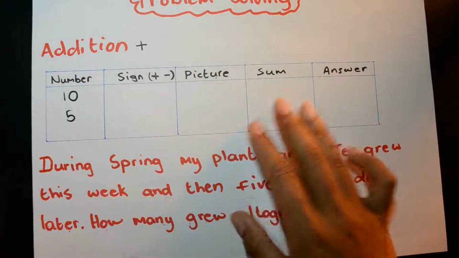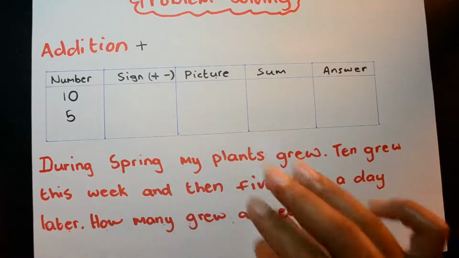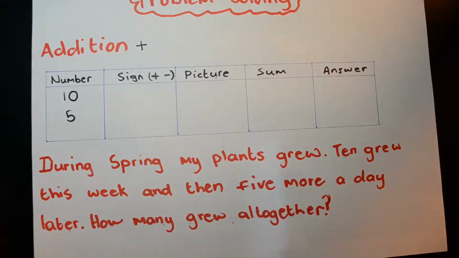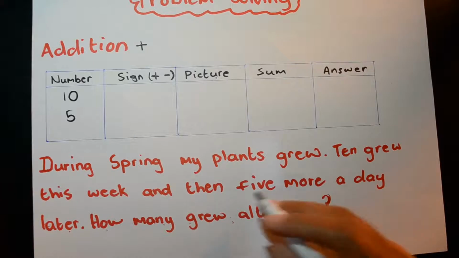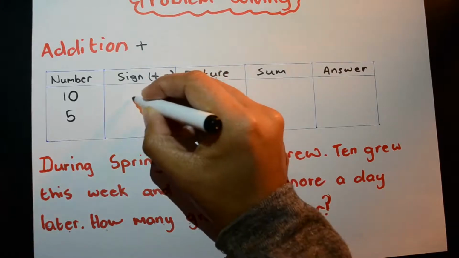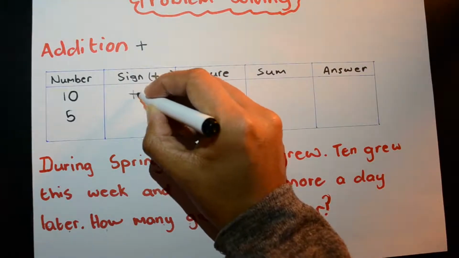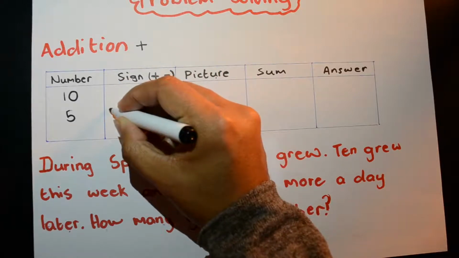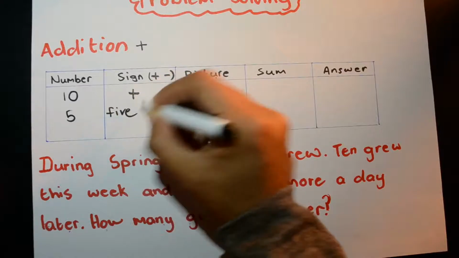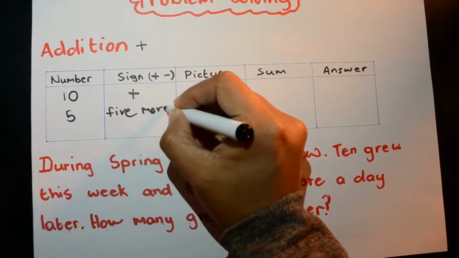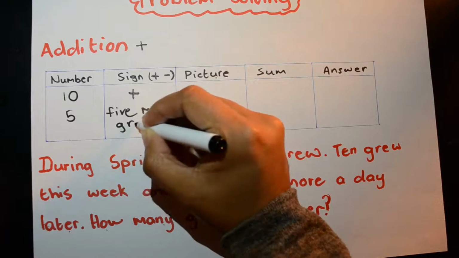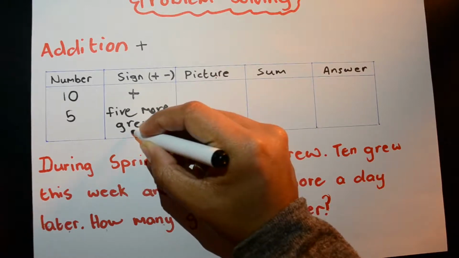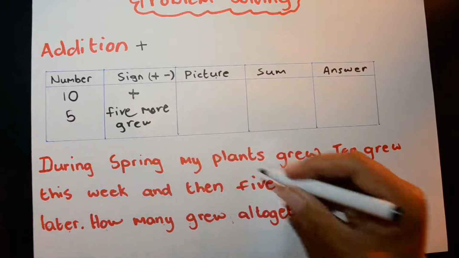You need to count and plus them together to find out how many grew. That's how I know. So I'll just put here that the sign is plus. And if it helps you, you can write why you think it's plus. You can say 5 more, or you can say grew, or altogether.